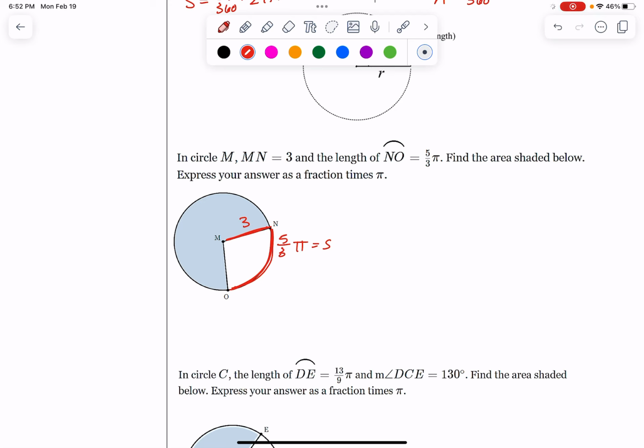I need to find this area that's shaded. So we're going to break this into two pieces: non-shaded and shaded.